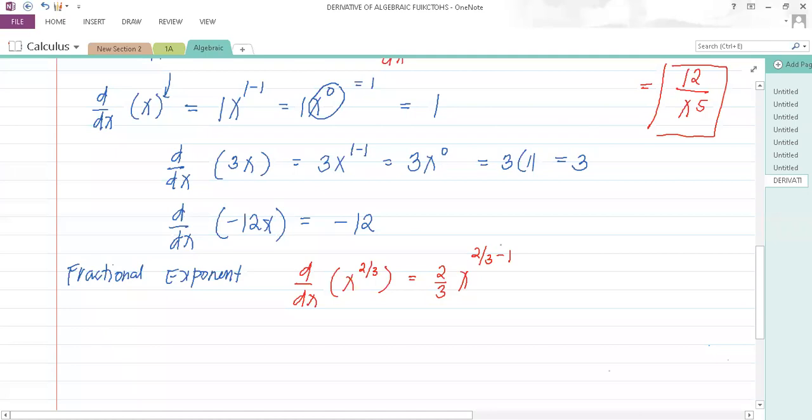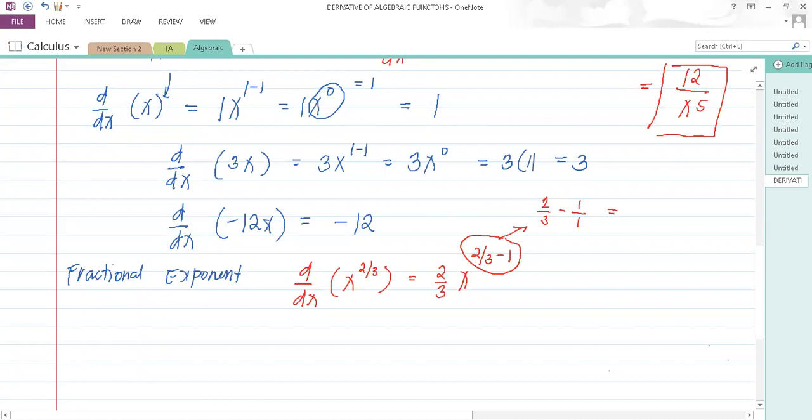So 2/3 minus 1, you can actually solve that using your calculator, or you can actually solve that using your algebra. So that's very important na dapat alam nyo din yung algebra. Paano tayo mag-minus ng fraction? So that is 2/3 minus 1 over 1.